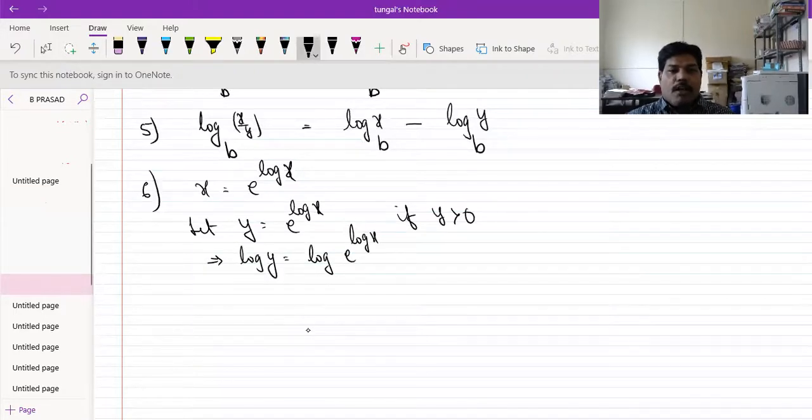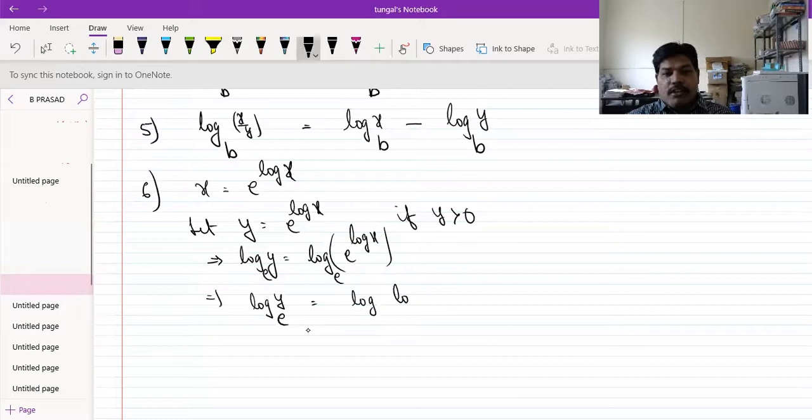Already you know the formula, I will apply the base e. So that is nothing but log y base e is equal to log of p power n, which you can write as n log p. So that is nothing but log x into log x base e. So here in the questions, students, they will give you the base, that is log x base e.